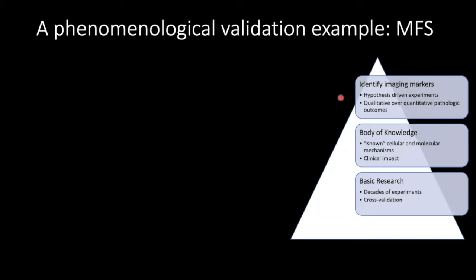And then we can build on that foundation of knowledge to identify, either in a hypothesis-driven way, go out and find them, or to qualify what we see when we just look for imaging markers, to identify potentially relevant imaging markers.